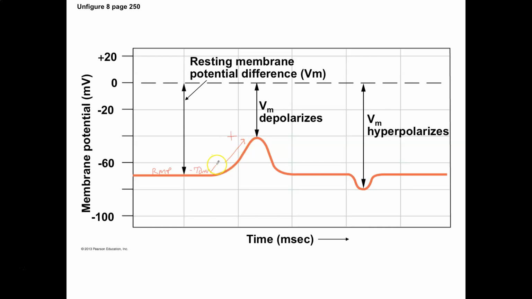We can see on this graph that we're moving from negative 70 up towards, let's say, negative 40 millivolts. If we're going in a positive direction, then it's called a depolarizing event.